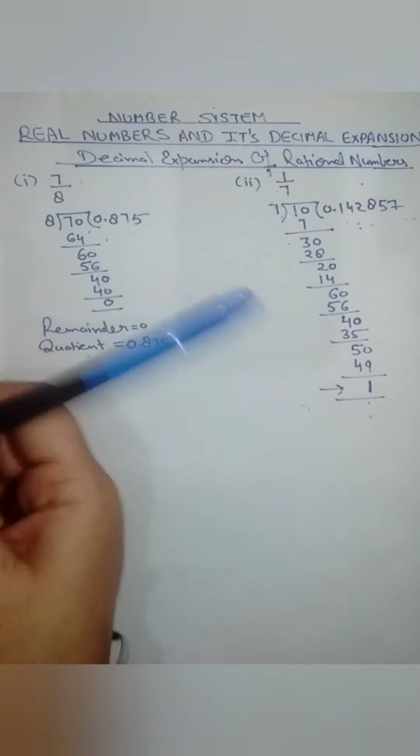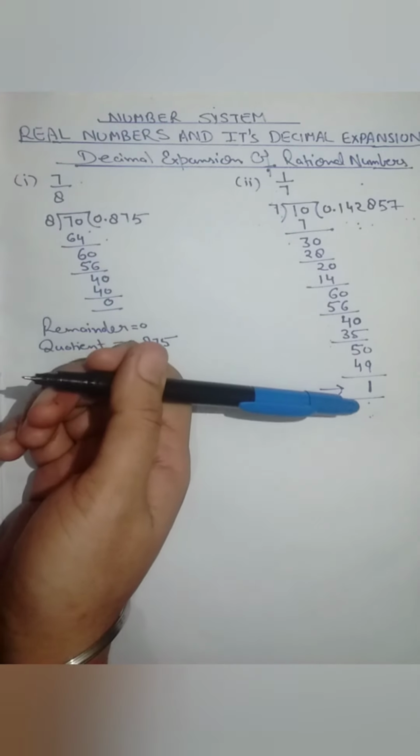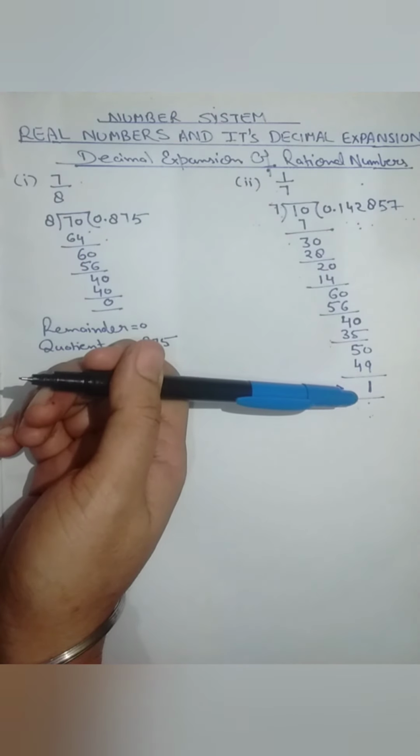It means we have started from 1 and again as a remainder we are getting a 1.